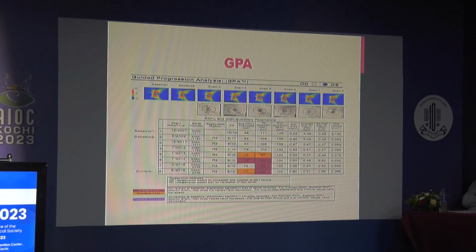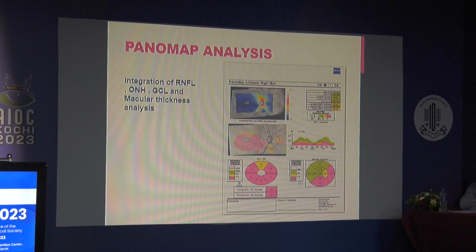But like in this example, in certain parts, it shows that the patient is progressing, but on the next visit, it becomes normal. It happens because there is a 4 micrometer standard deviation in the machine. If you are taking values again and again for the same patient, there is 4 micrometer deviation. So for 2 standard deviations, there should be at least 8 micrometer deviation to be significant.